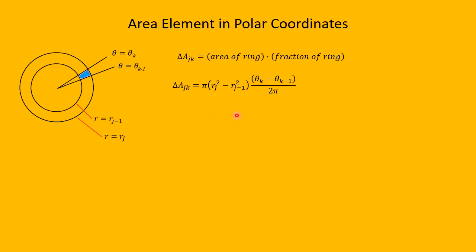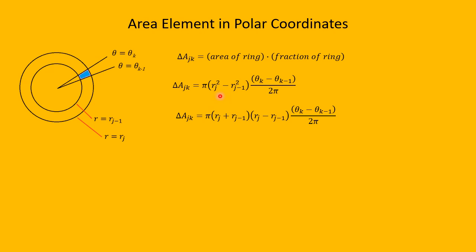And then, remembering that theta is measured in radians, the fraction that we have of that entire ring, going from theta sub k minus 1 to theta sub k, is theta sub k minus theta sub k minus 1 divided by 2 pi.